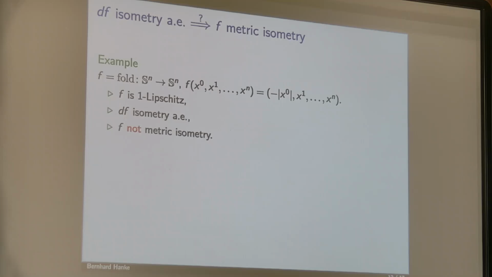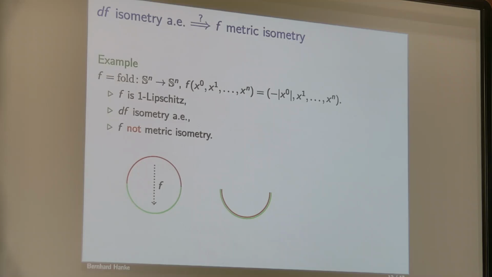The differential is an isometry almost everywhere, but f is not a metric isometry. It's this map here. It's a fold map. And that's funny. So of course we see that the problematic points are this one and this one. These are the fold points. Everywhere else it is more or less a smooth isometry, but we have to deal with this problem here.